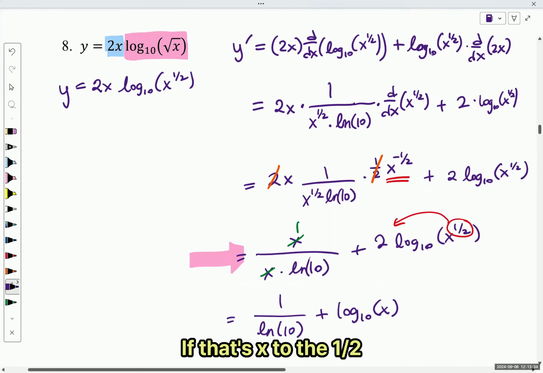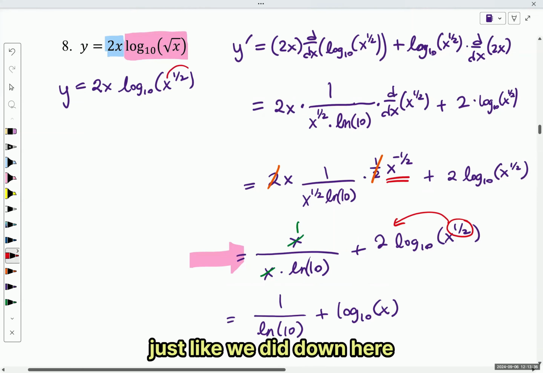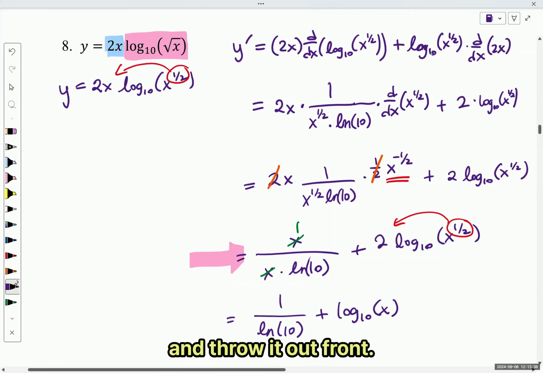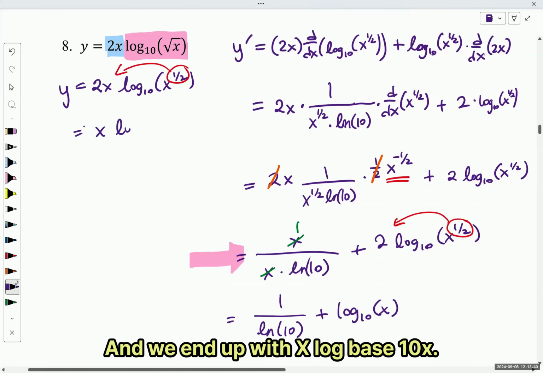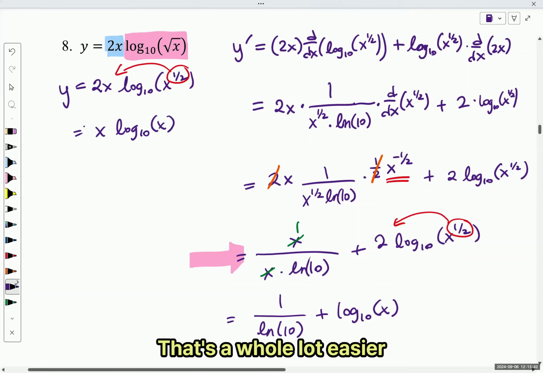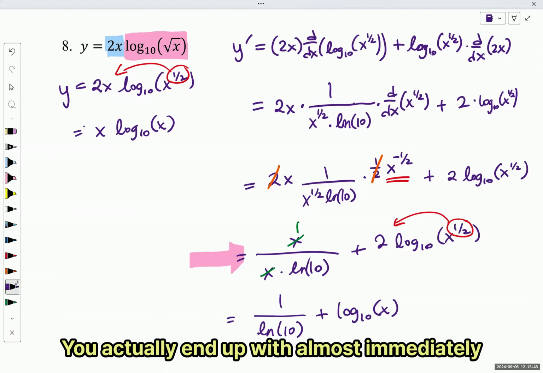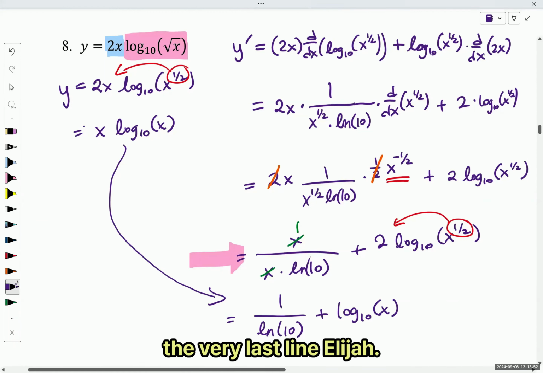If that's x to the 1/2, just like we did down here, we can take the 1/2 and throw it out front, and we end up with x log base 10 x. That's a whole lot easier to work with. You'll actually end up with almost immediately the very last line.